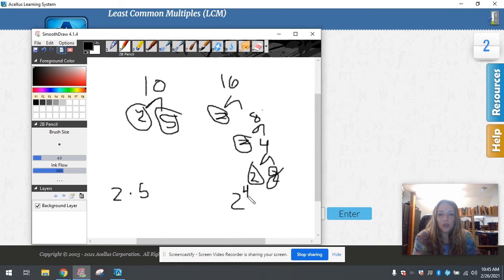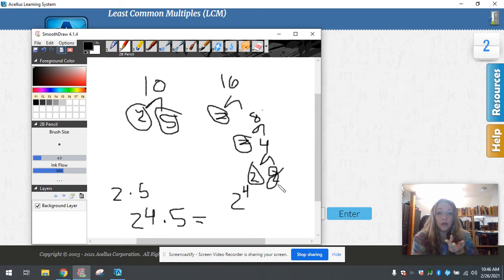Okay, I keep the match that is the largest with the exponents, or if they're the same, I just keep one of them. So here, out of my 2's that are my bases, I keep the 2 to the power of 4, and then the 5 doesn't exist in both of them, so I need to include that in my list. So then I go 2 to the power of 4 times 5.